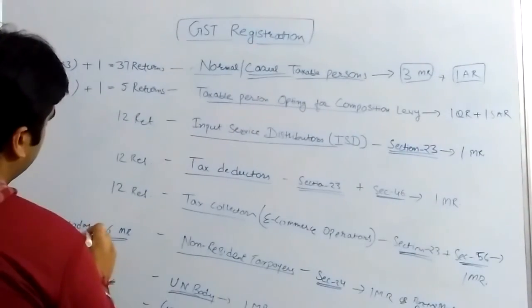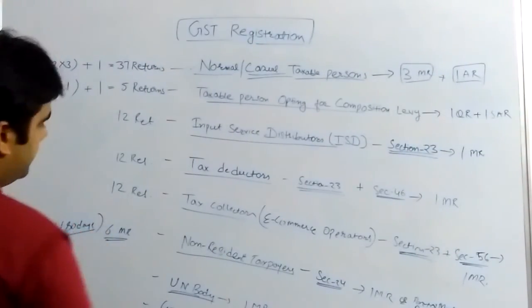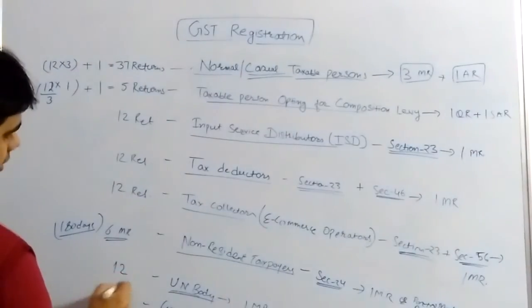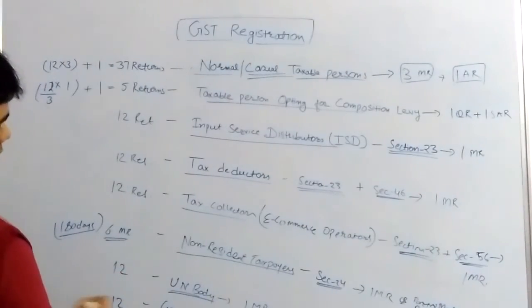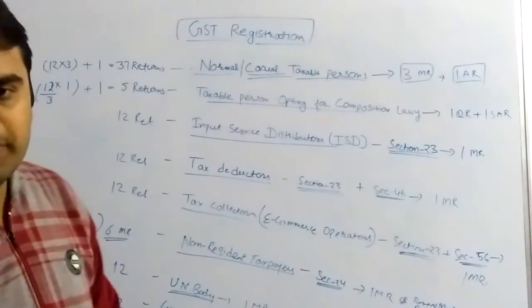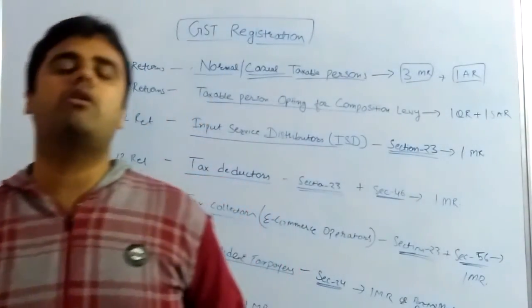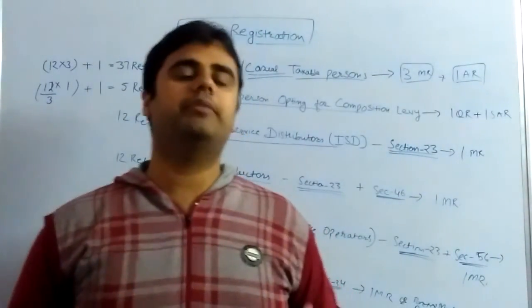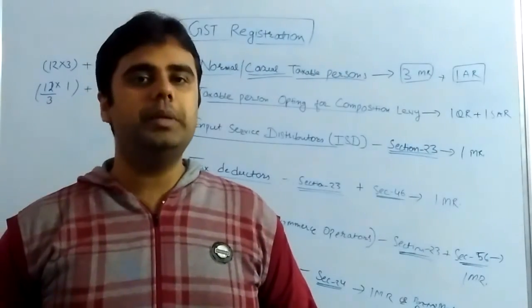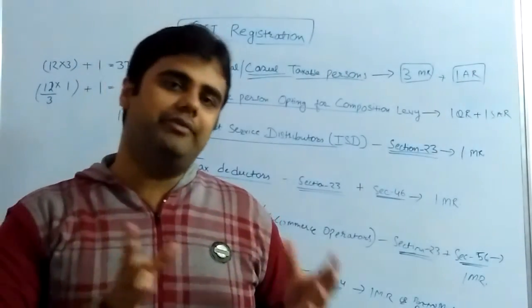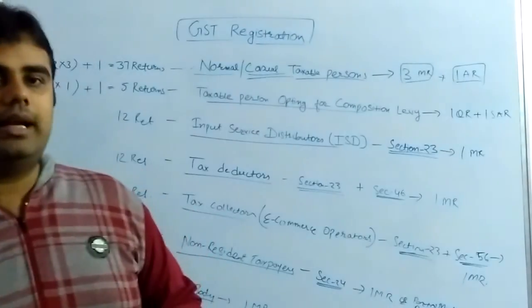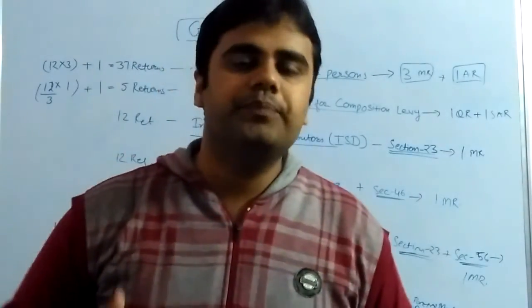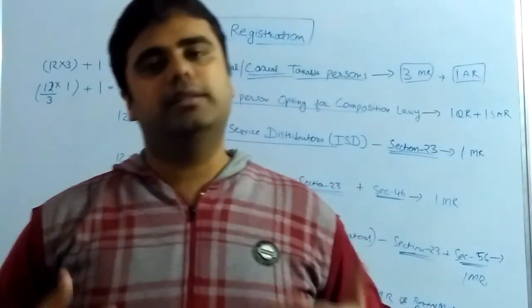That is the maximum duration for which they can be registered. UN bodies, 12, government entities, 12. So friends, this was a very brief overview about the count of returns applicable to different types of registrations, and returns will be triggered according to the different flag of a taxpayer. By flag I mean the category under which a taxpayer is registered.